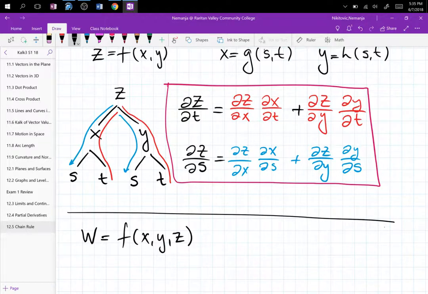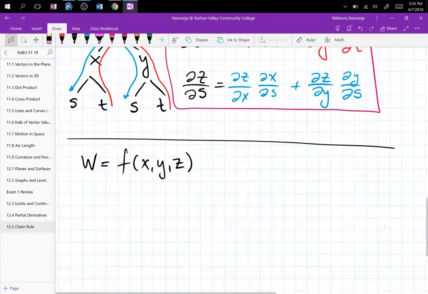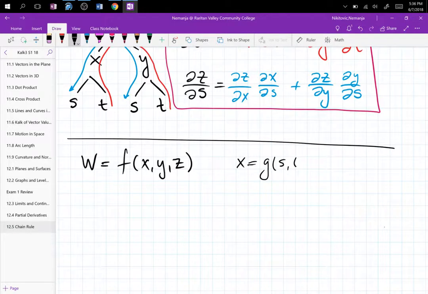Bringing in the fourth variable could be the temperature distribution, could be the density distribution, could be whatever else. So this situation is viable, right? Now, what am I going to have? Well, parameterization again. Now I'm going to say that x is g of s and t. y is h of s and t. And then z is k of s. No t. It's just k of s.